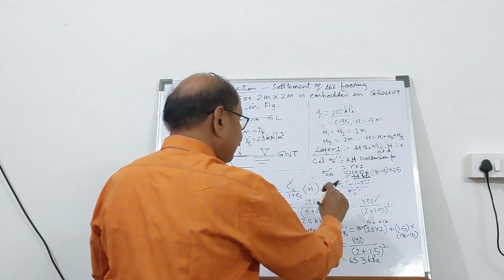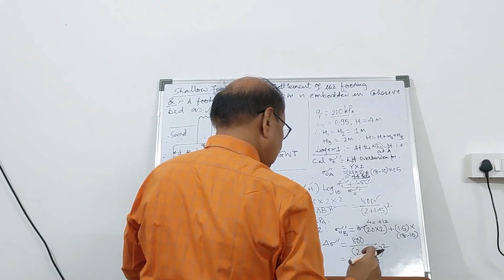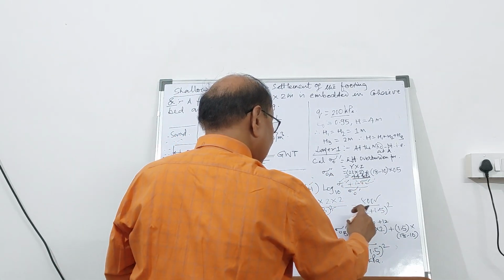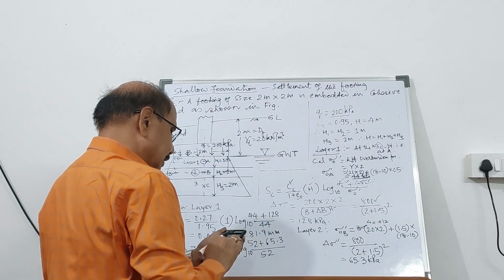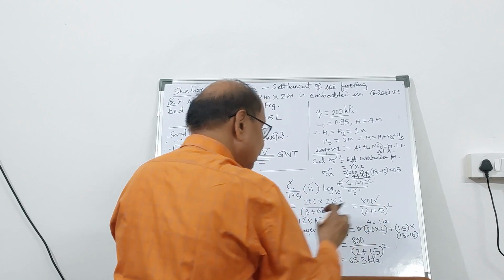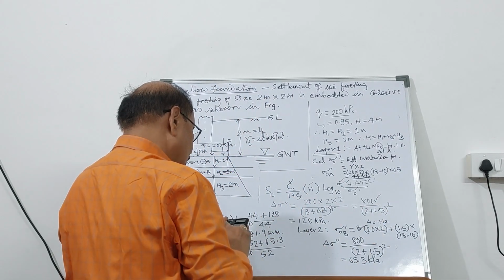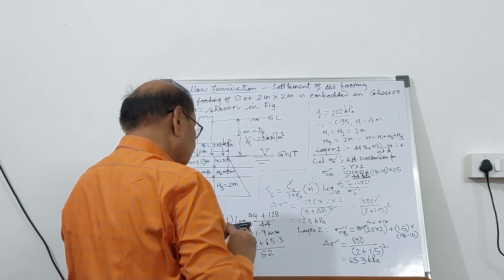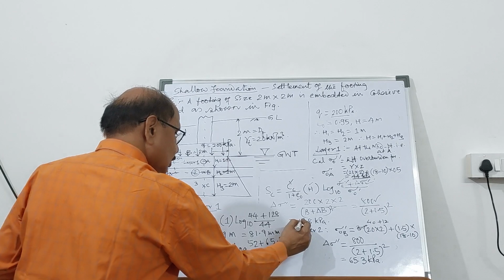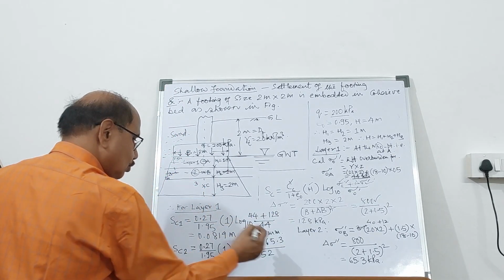Here the sigma naught prime and delta sigma prime was 128, 800 divided by 2.5 square, 128. Okay, this is correct. For layer 1 it was 128, which has come down to this.